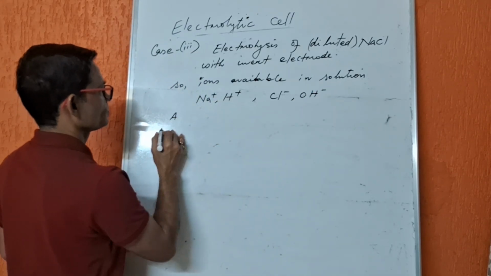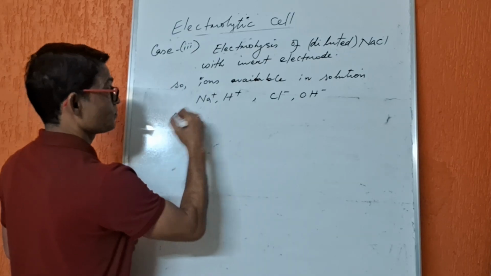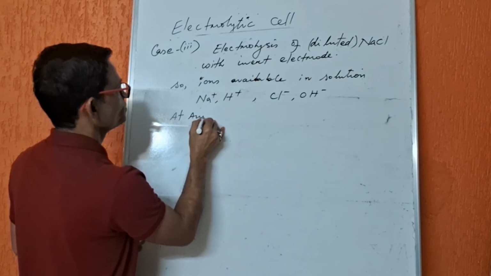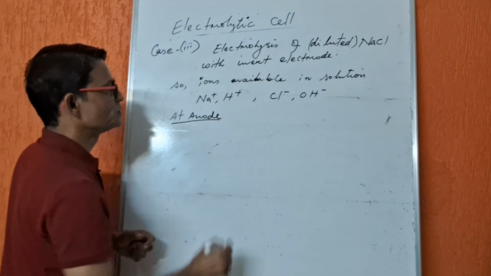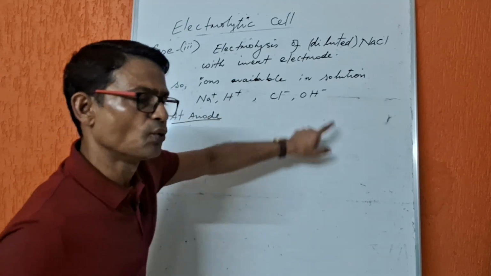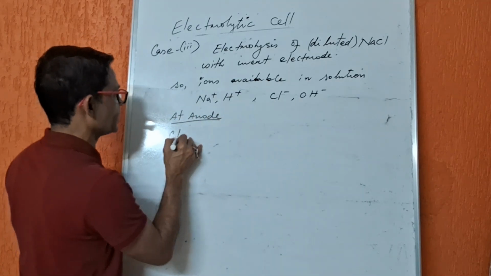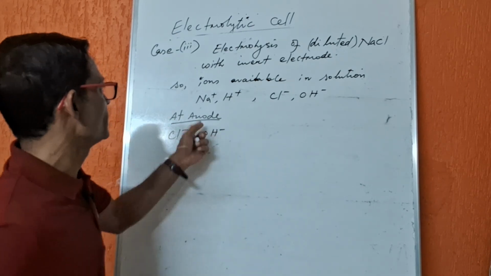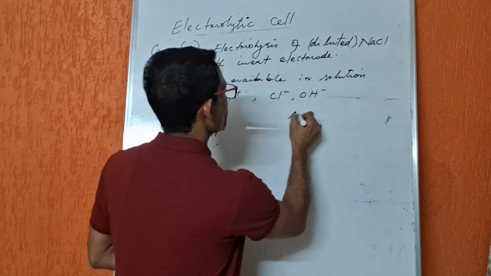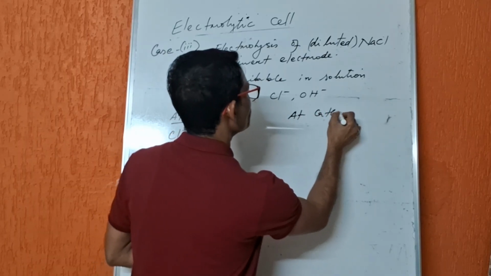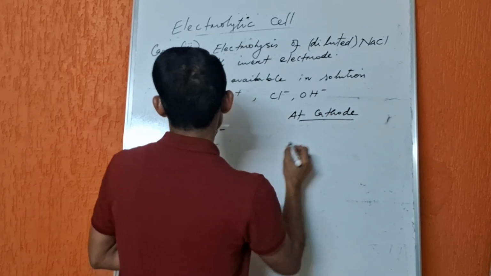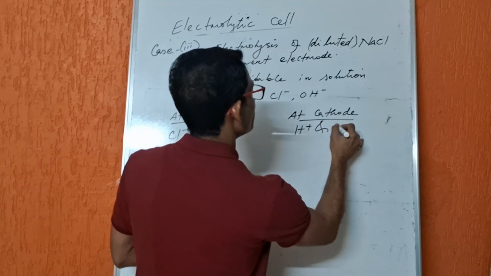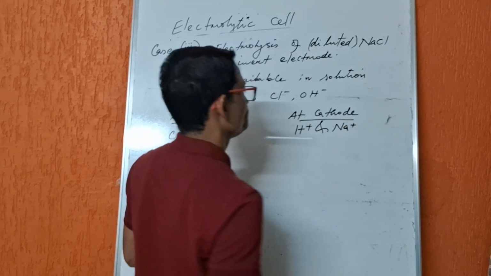At the anode, Cl minus and OH minus move towards the anode. At the cathode, H plus and Na plus will move.